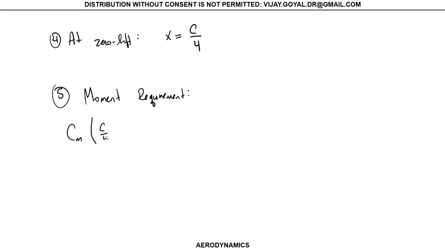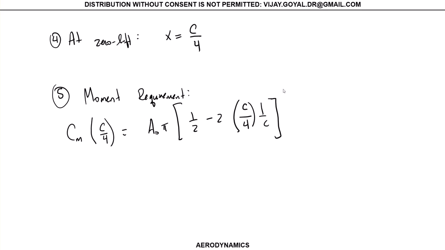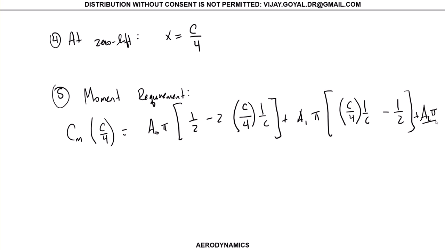Replace wherever we have x with c over 4: you have a sub 0 pi (1/2 minus 2 (c over 4)(1 over c)) plus a1 pi ((c over 4)(1 over c) minus 1/2) plus a2 pi over 4. Simplify the whole thing. You find that this is equal to pi over 4 (a2 minus a1).